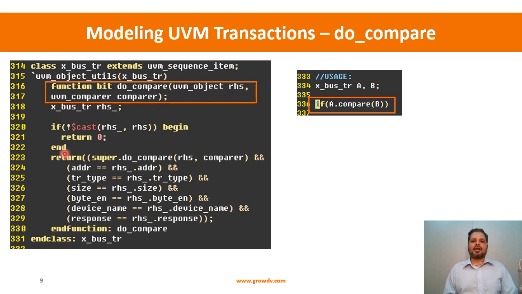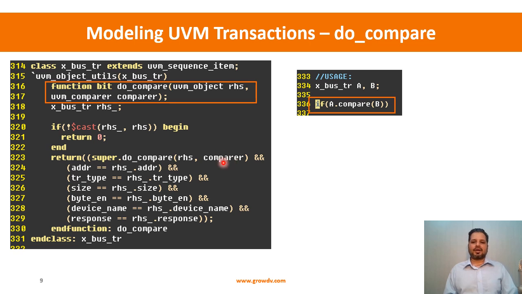This boilerplate code that we talked about remains the same. We declare RHS underscore, and we cast the incoming object to see if it matches the extended transaction type that we are trying to compare. If it does not, then we return 0, saying that it has already failed. Else we are doing it in one line, but you can obviously write more code to make it simpler looking as well. So we call super.do_compare of RHS and comparer.